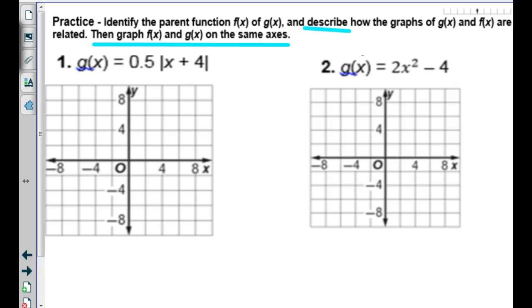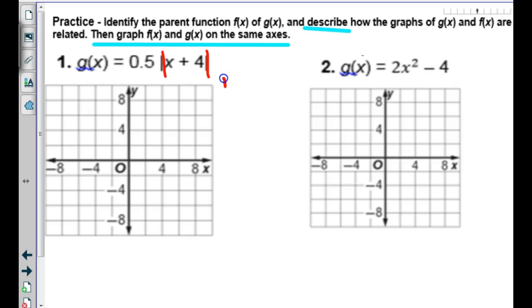Describe what would happen. I'm going to graph the parent function real quick. What is the parent function for this? Well, what's going on here? Is it a parabola? No, it's a what? Absolute value, right?